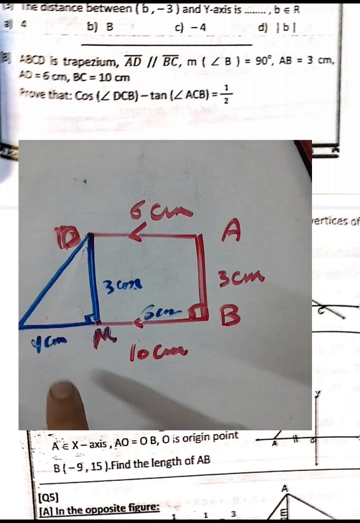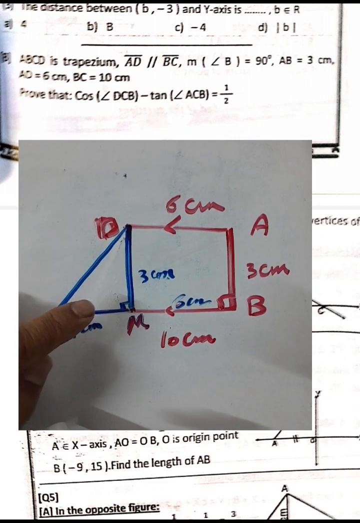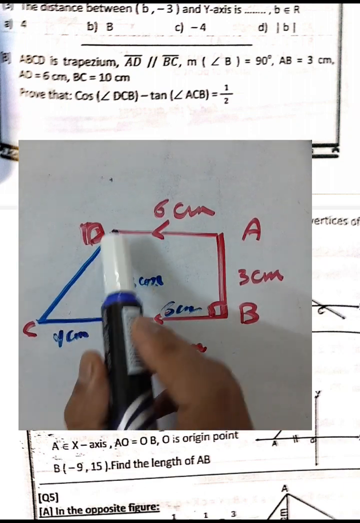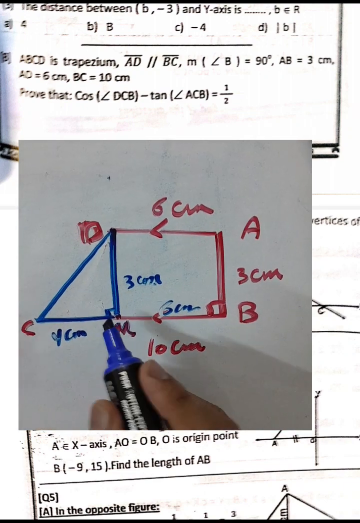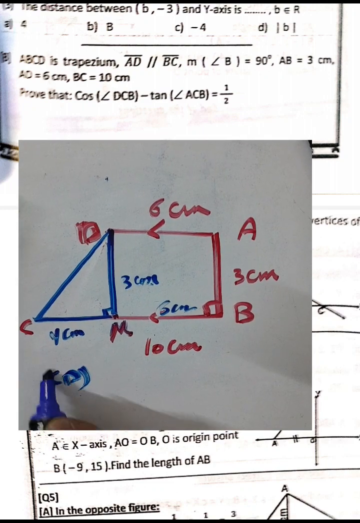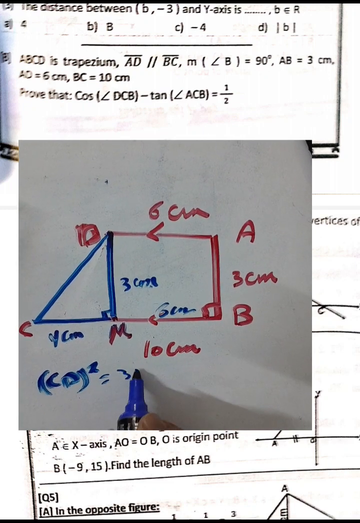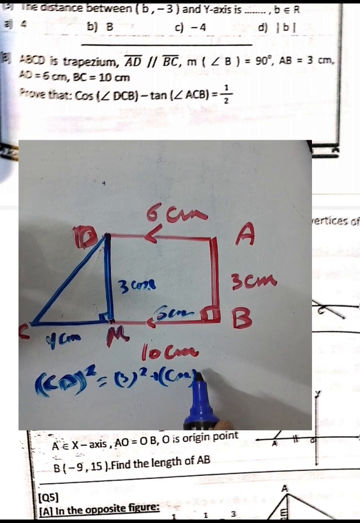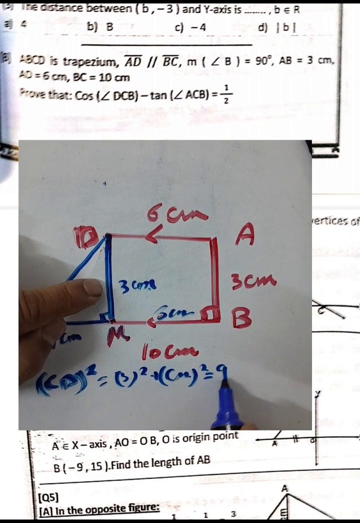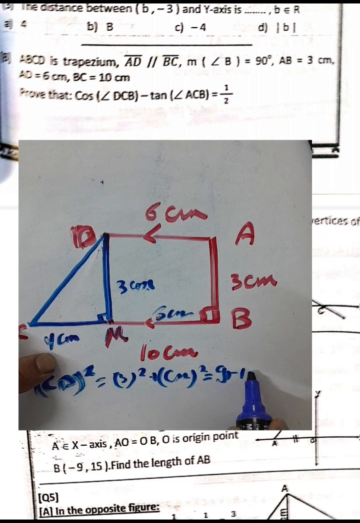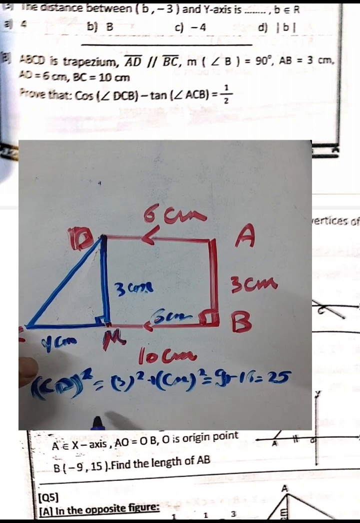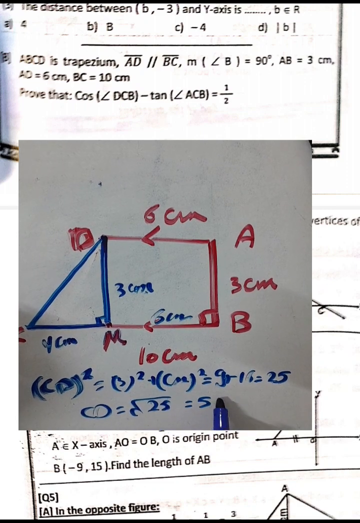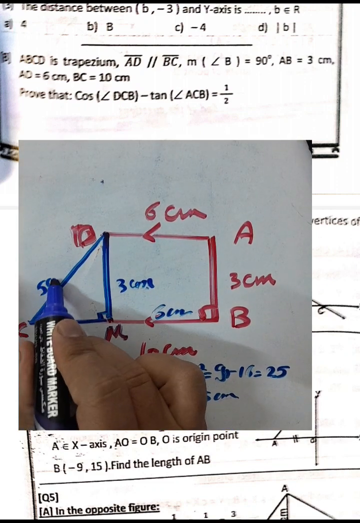We can find the length of DC from the triangle here. 10 minus 6 equals 4 centimeters, and DC we can find from Pythagoras. CD squared equals DM squared plus CM squared. 3 squared is 9, and 4 squared equals 16. The sum of them equals 25. Then CD equals the square root of 25. It will be 5 centimeters.